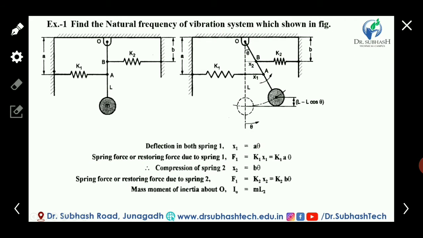So let's start. First of all, we displace the mass from the mean position to this position, and due to that the force or energy given to the mass is stored in both springs. One spring is compressed and one spring is in tension, or expanded.